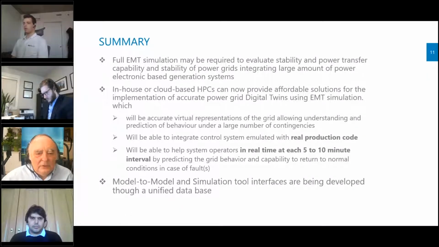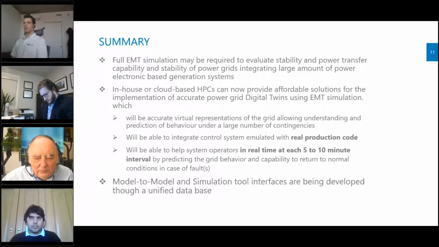So in summary, like we discussed throughout the presentation, we may need in many cases to go to full simulations using AMT models, and it can be combined with phasor type models also. And right now, we demonstrate that in-house or cloud-based HPC can now provide affordable solutions to implement digital twins using AMT simulation, because the price of adding more and more processors will go down over time.